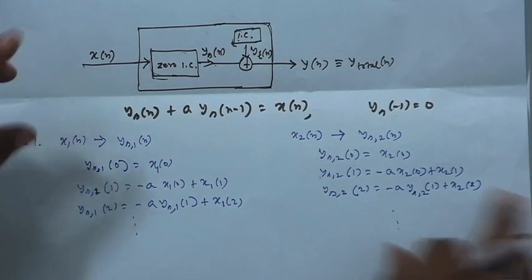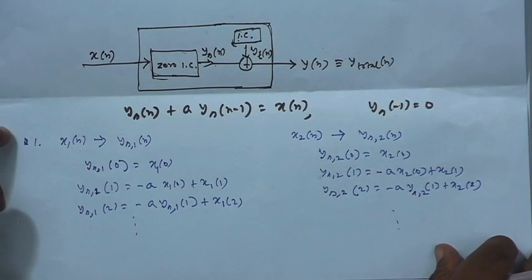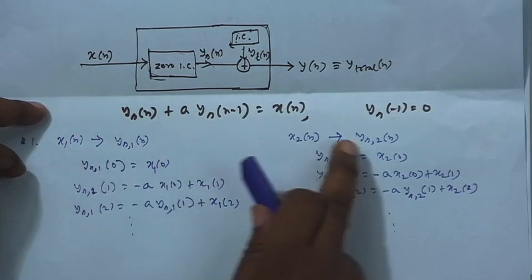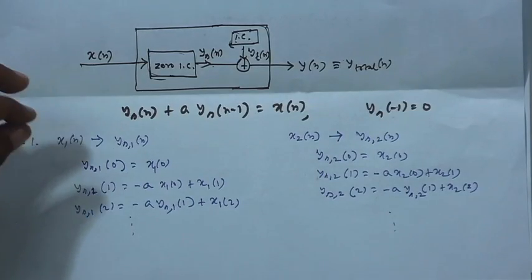Now, the question is, instead of giving either x_1 or x_2, suppose I give a linear combination of them, c_1 x_1 plus c_2 x_2. Will the output be c_1 y_s1[n] plus c_2 y_s2[n]? The answer is yes.